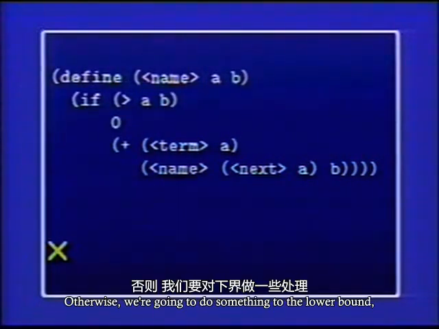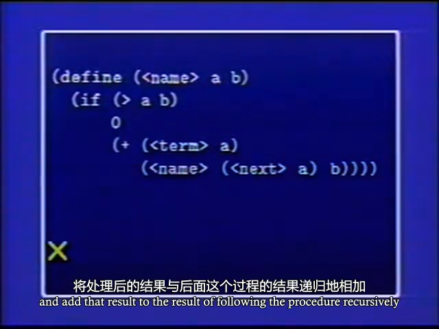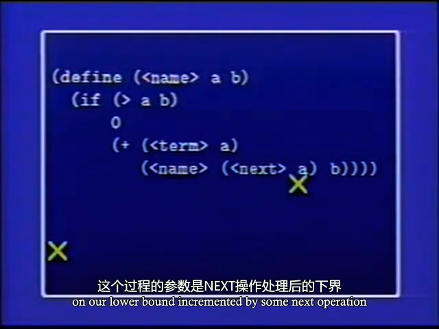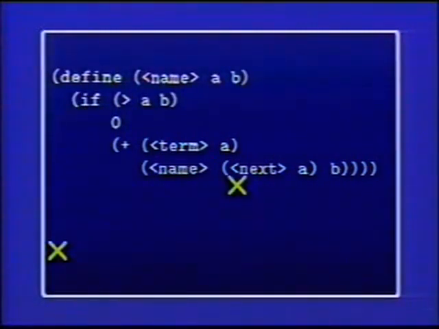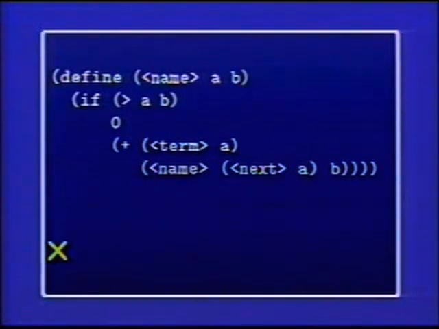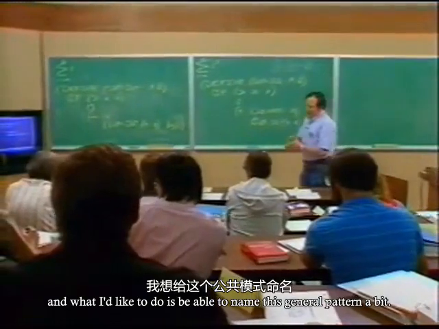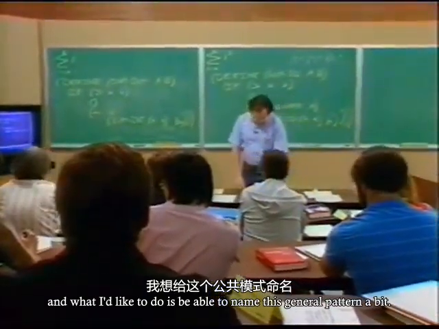Otherwise, we're going to do something to the lower bound, which is the index of the computation, and add that result to the result of calling the procedure recursively on the lower bound incremented by some next operation, okay, with the same upper bound as I had before. So this is a general pattern, and what I'd like to do is be able to name this general pattern a bit.